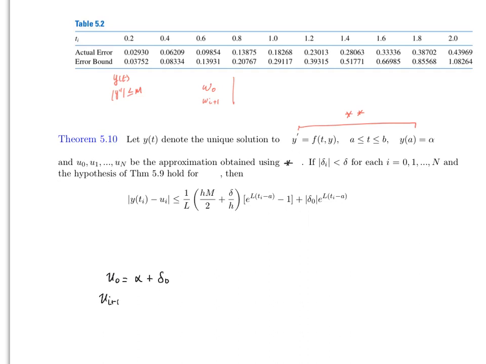And then u(i+1) will be ui plus h f(ti, wi) plus delta(i+1), where the delta will be the error, the round off error introduced. Okay, so we're going to call this star.